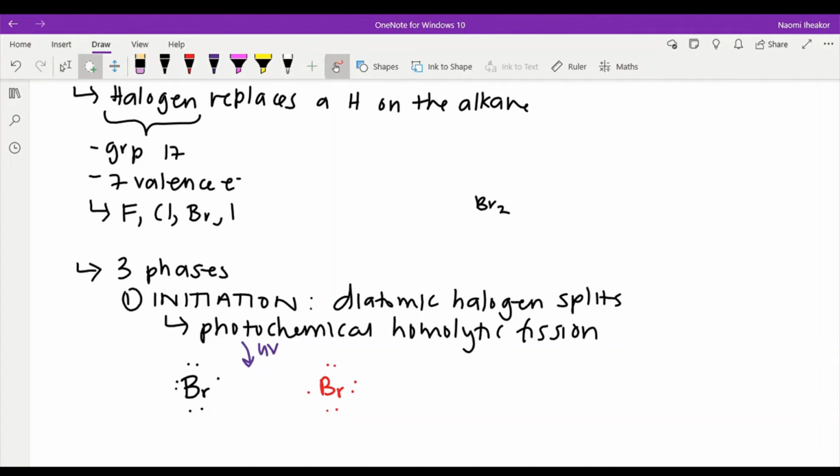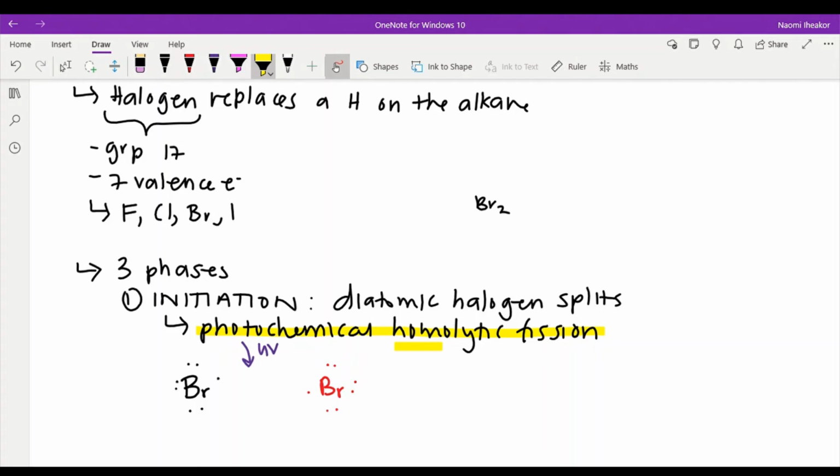If we unpack the name of this process, photochemical homolytic fission, we know that photochemical, photo means light, so we've got light involved, specifically ultraviolet light. And homolytic fission means when our halogen is split, it is split equally.